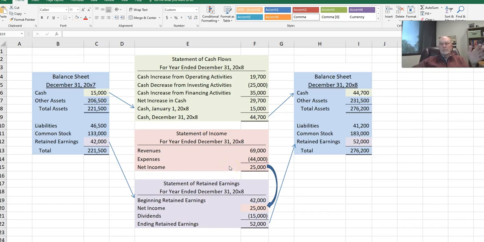So just to complete what we've already done, the income statement gives us our net income, and that goes over to the statement of retained earnings, where it is added to the beginning retained earnings. We subtract our dividends, if we have any, and that gives us our ending retained earnings, which then appears on the balance sheet.